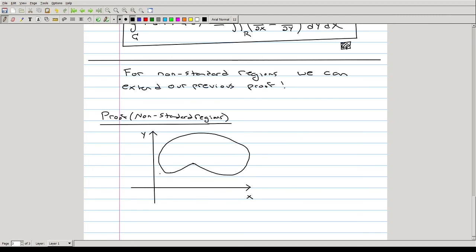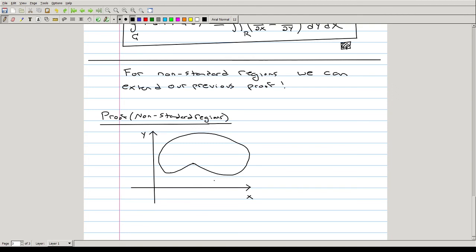This is definitely a non-standard region because you have not just 2 points of intersection along any line that you draw along y. You have more than 2 points of intersection, and many other non-standard regions could be possible. In general, a general region of space could have very many intersections.